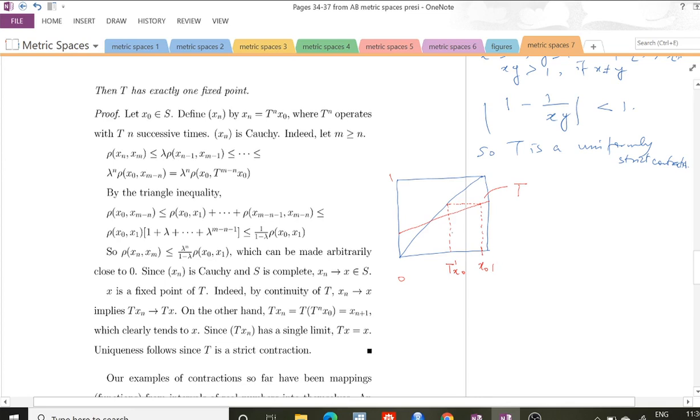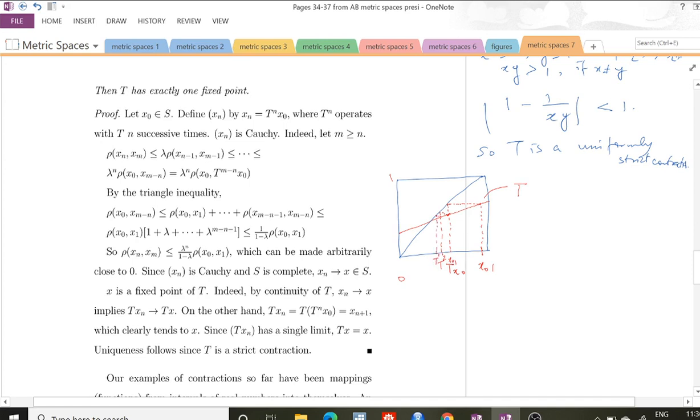So that's operating once, okay? And then suppose I operate once more. So this point is T of Tx naught, okay? And what does that look like? In the domain, it's this T2 x naught. And then I operate once more, and then I carry that point back to the domain.